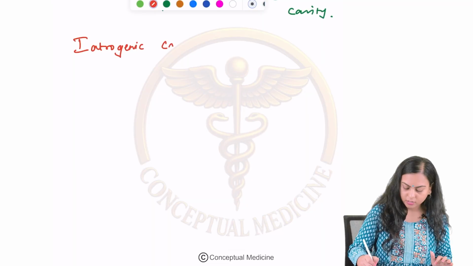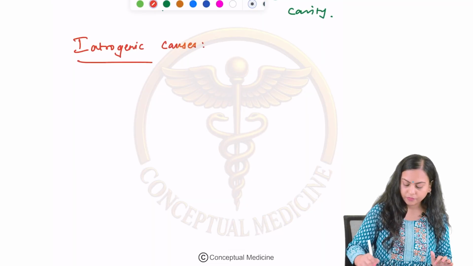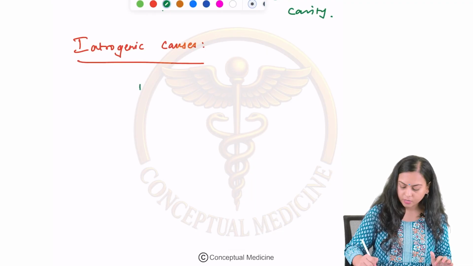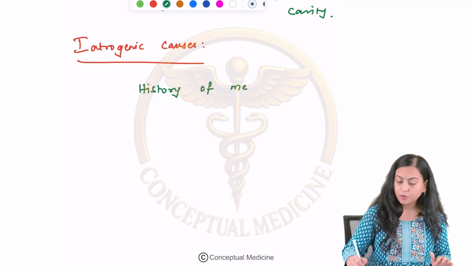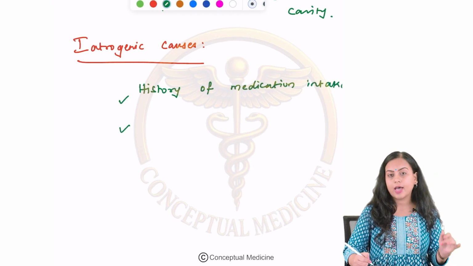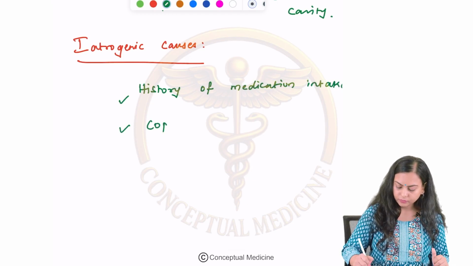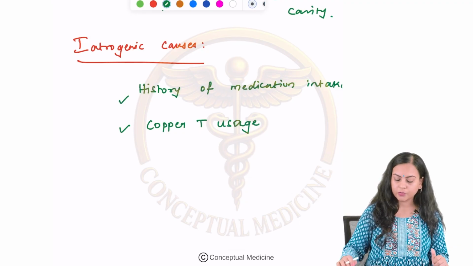Next one is iatrogenic causes. Iatrogenic causes will include history of medications, so we have to ask about medication intake. Also you have to ask about copper T usage.